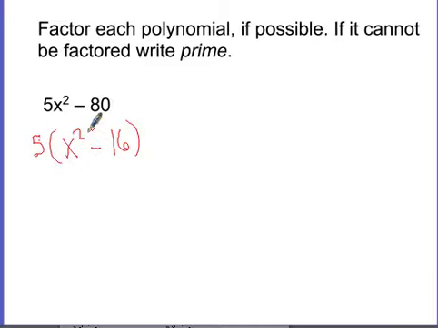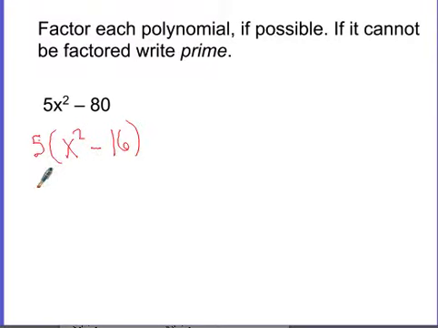Now this goes back to a previous lesson, x squared minus 16. What did we call these? Difference of squares. Because this is a perfect square and this is a perfect square and it's got subtraction in it.